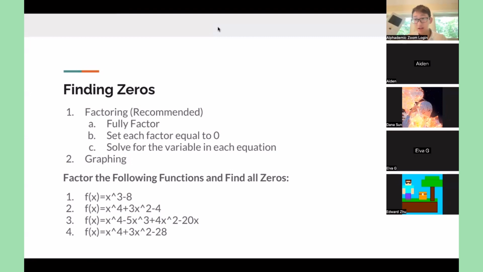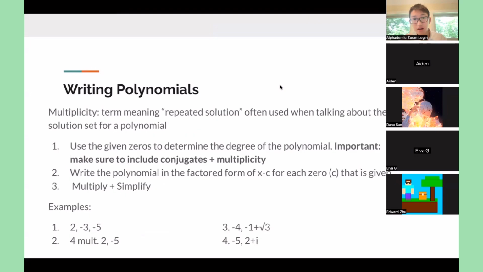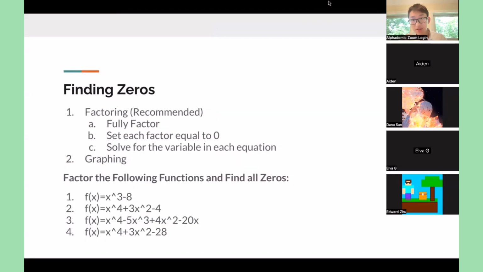I have a NumWorks graphing calculator that I use. Most Algebra 2 teachers will require you to have a graphing calculator, but always double check with your teacher first. Some of them might provide you with graphing calculators.